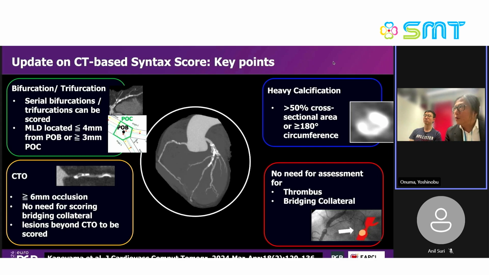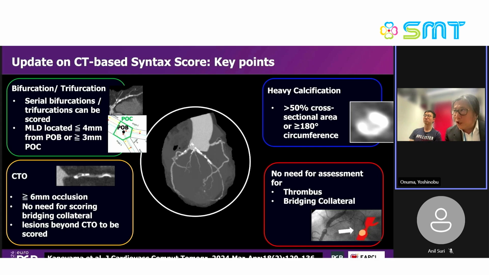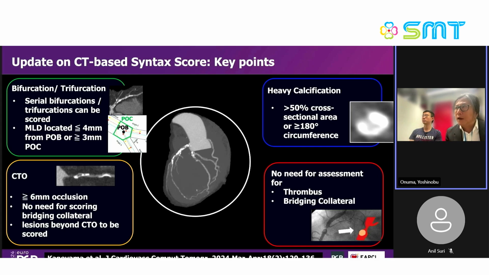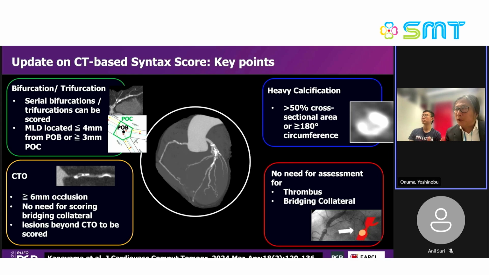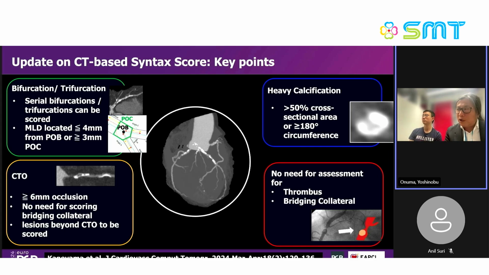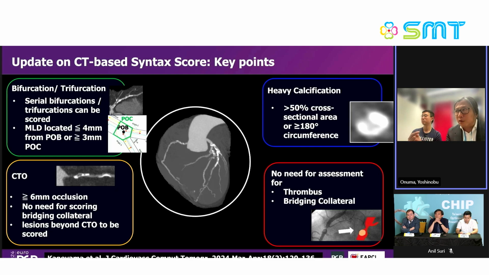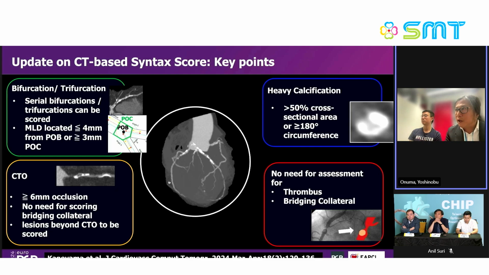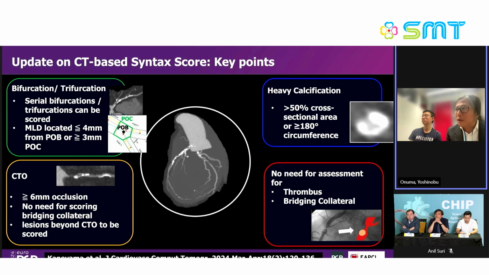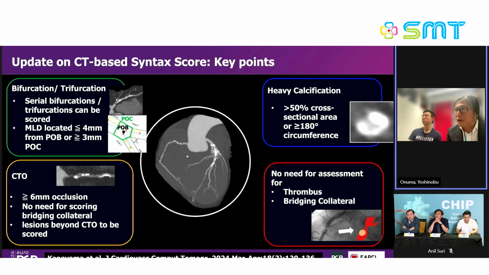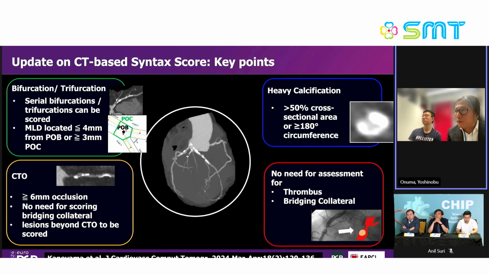We can also see heavy calcification in the CT, which is very important for PCI, because treatment with PCI is basically bringing the device from proximal to distal. So if you have calcification, even without a stenosis, sometimes it predicts difficulty during the procedure in bringing the stent or the devices.